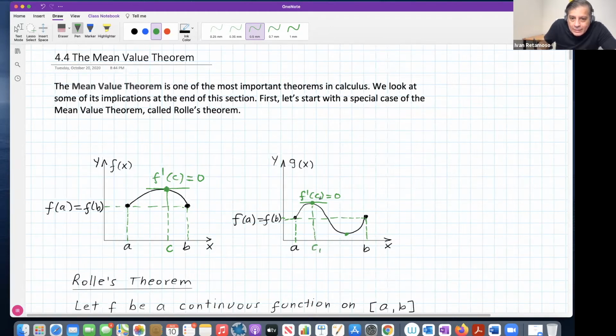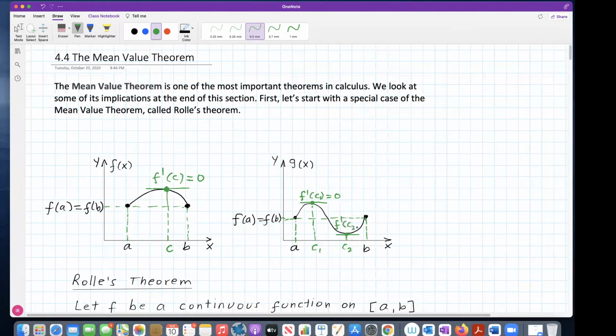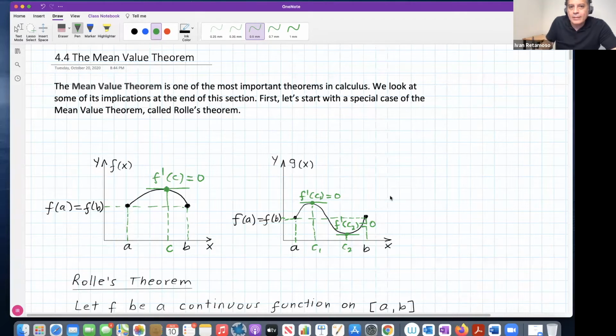So the derivative at c1 is 0. There is going to be another one here, c2, where the tangent line is also horizontal. So f prime at c2 is also 0. Horizontal tangent line.